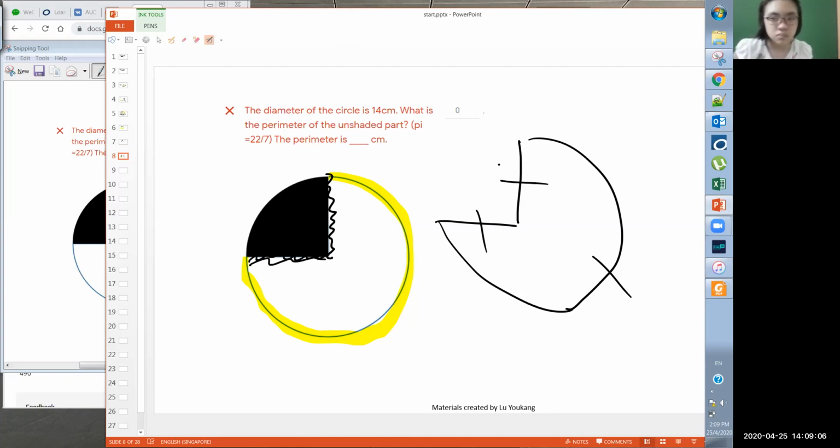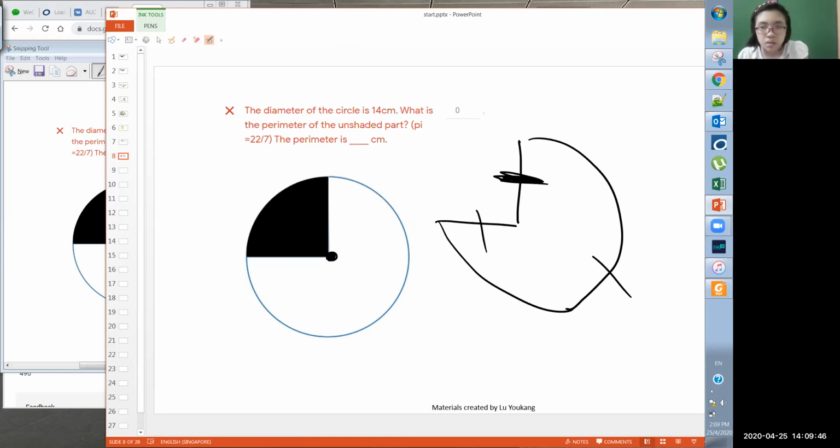Where's the center of the circle first? Here?